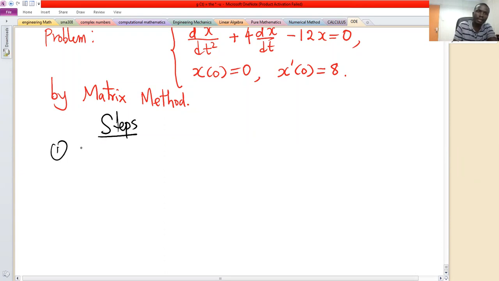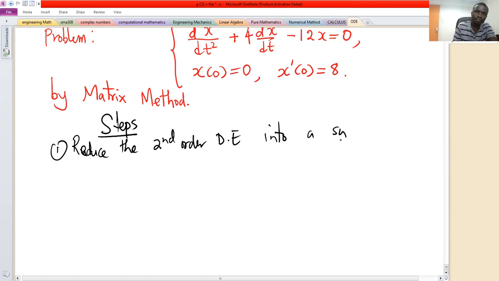First, reduce the second order differential equation into a system of first order differential equations.